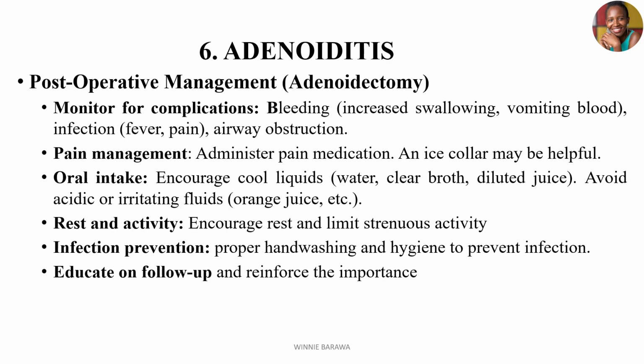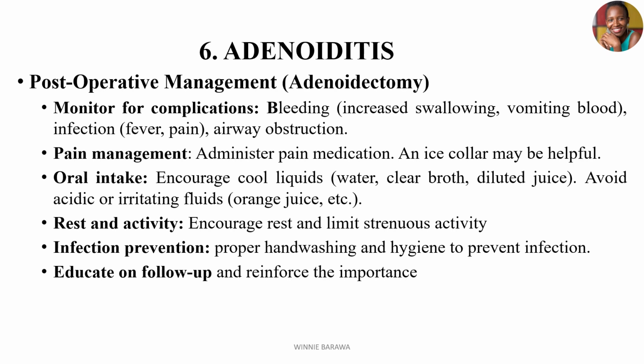And so, having successfully completed the procedure, our client will be managed on postoperative management of adenoidectomy. So first thing first, when the client is out of surgery, it's good we monitor for complications, and priority here is bleeding. Remember we said when a client is going for surgery, we need to first confirm they don't have any bleeding disorders. But once they're out, then you need to check that this client doesn't have complication in form of hemorrhage or bleeding.